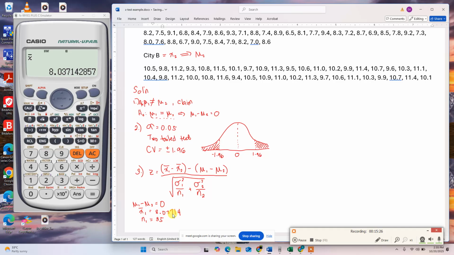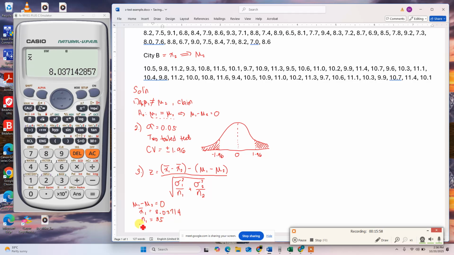Usually that is on number 2. So shift 2 and then look for this symbol, type the number associated with this symbol, and then the equal sign. Then you have your 8 point. So we now have the value of our mean for CTA.